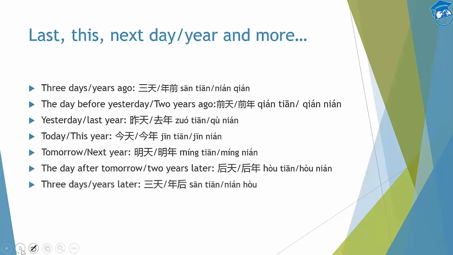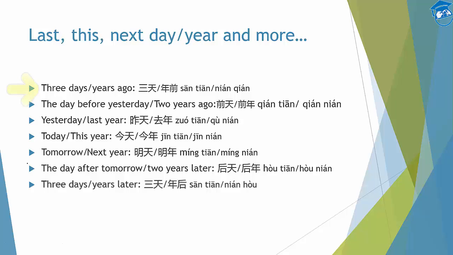Next one, we have talked about week and month, and now it is time to talk about day and year. I have grouped years, month, day like this because they use last, this, or next in a different way. So that's why I'm having this kind of grouping.